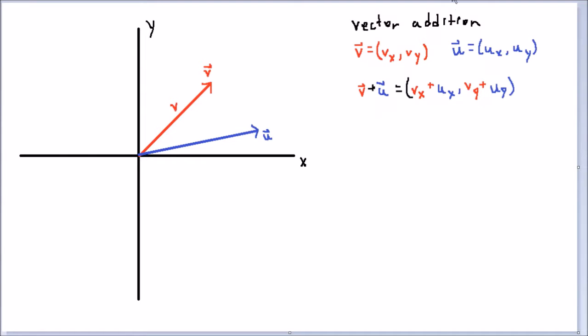And we can visualize this graphically by using what we call the tail to tip method. So if you can imagine dragging this u upward, so that its tail, the tail of this vector, corresponds with the tip of this vector v, we can draw a new vector starting from here. It's going to be the same length as u in the same direction.